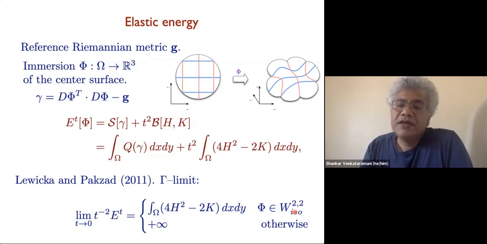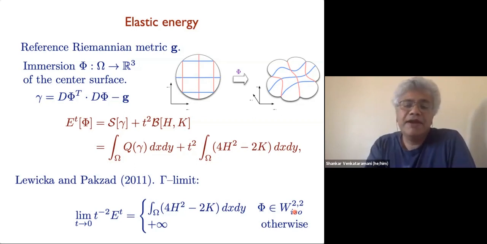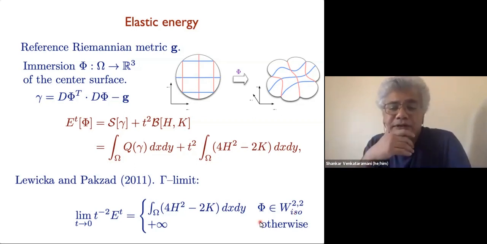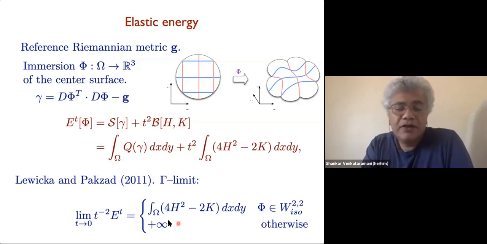So this is, in a way, checking whether or not there are W^{2,2} isometries. If there are, your minimizers will converge to something that minimizes the bending energy over these isometries, and otherwise, on this scale, you're going to get plus infinity. So that motivates the geometric problem of trying to find W^{2,2} isometries. Okay?